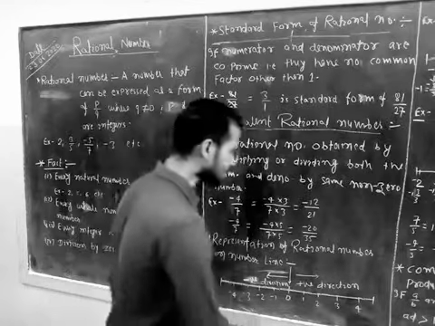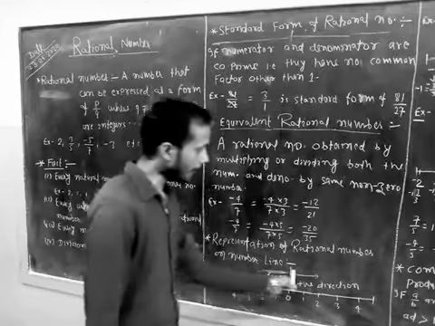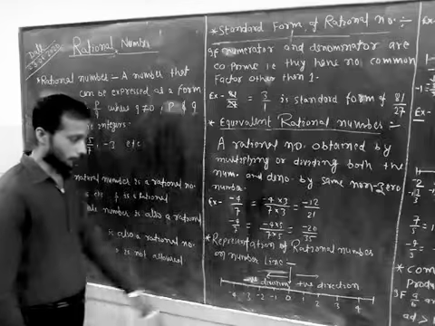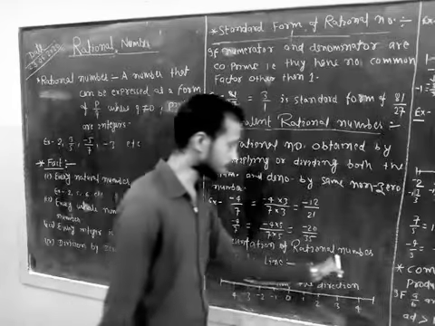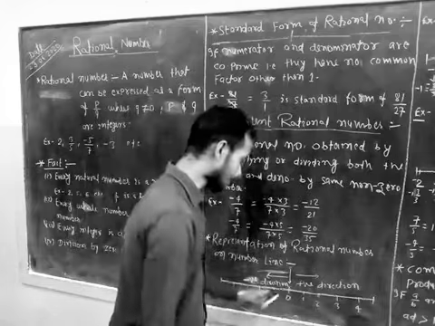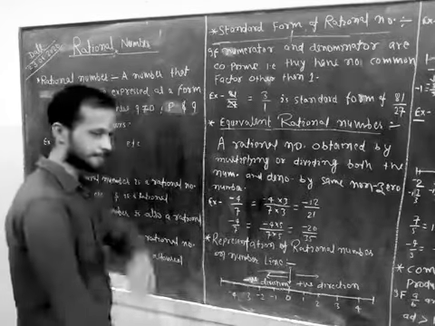The left side is negative and the right side is positive. The positive direction always means the right side, and the negative direction means the left side.